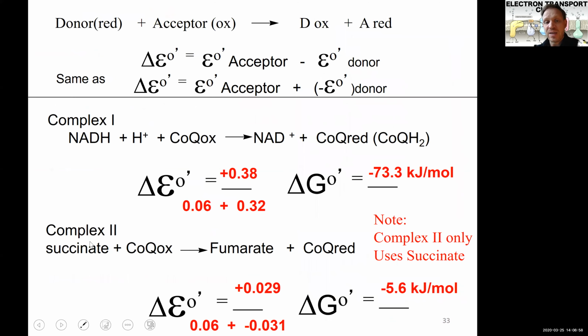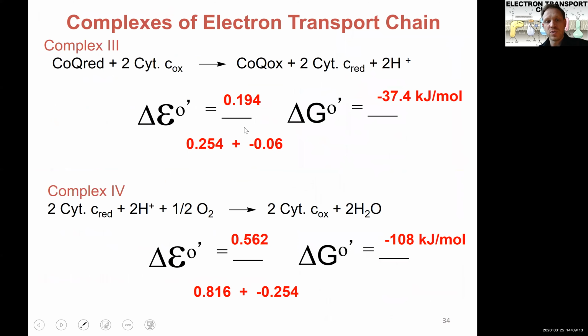As guidance, I have them listed here in the next 2 slides. I would recommend you do it by yourself first, and then see if you come to the same conclusions as I did for these different reactions. There are 2 slides here that you can use, and we'll touch base on these in our next lecture, lecture 12, on ATP production.